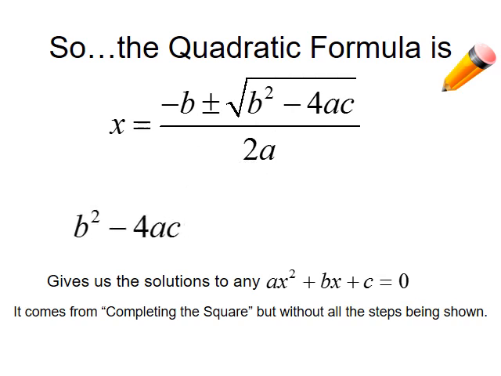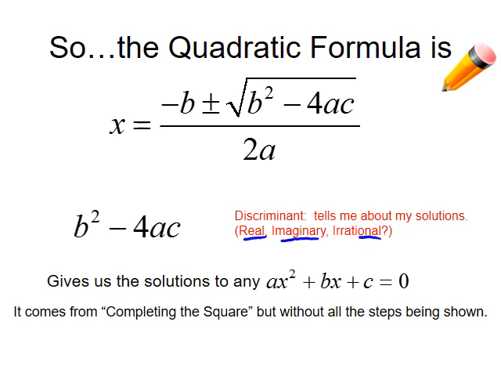If we take the piece under the square root out, we end up with the discriminant. Let's discuss the discriminant. The discriminant tells me if I'm going to have a real, imaginary, or a rational value. Think about it. If I end up with a discriminant that's equal to 5, that would look like square root of 5.